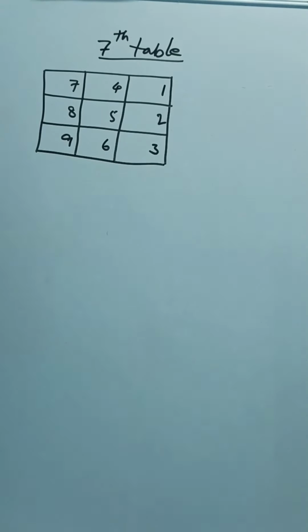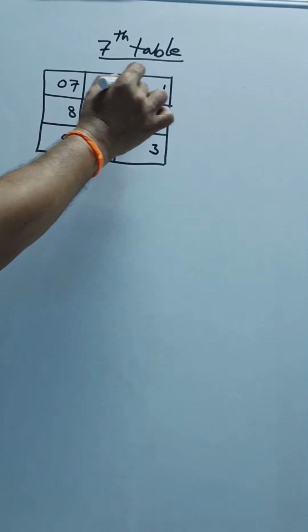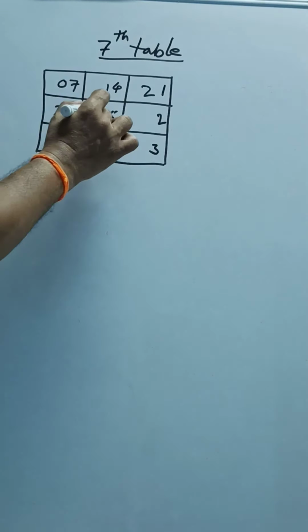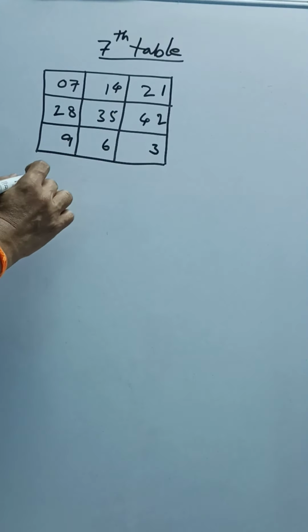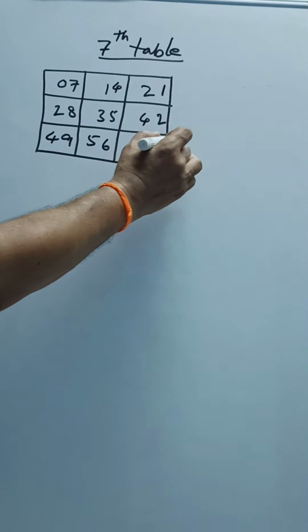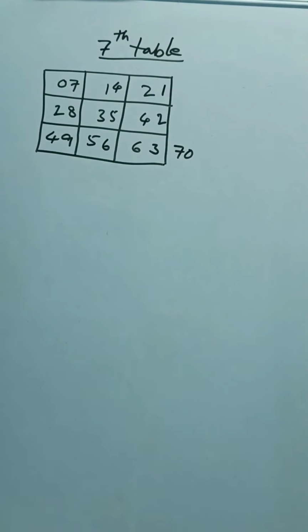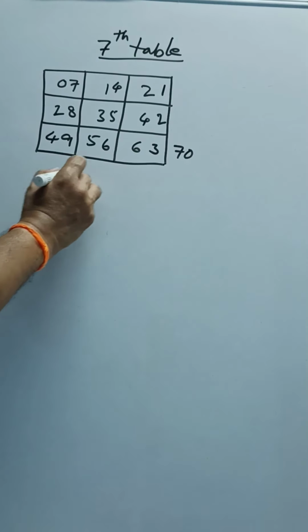And then to get the tens places, we fill the first row with 0, 1, 2. Again starting from here 2, 3, 4. Again starting from 4, 4, 5, 6. After 6, 7, 0.